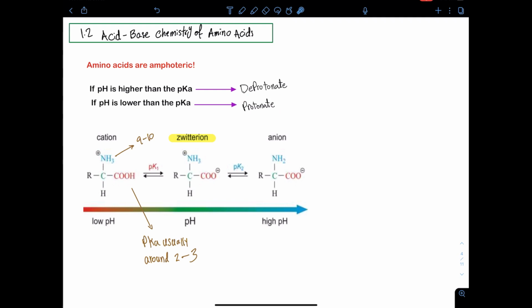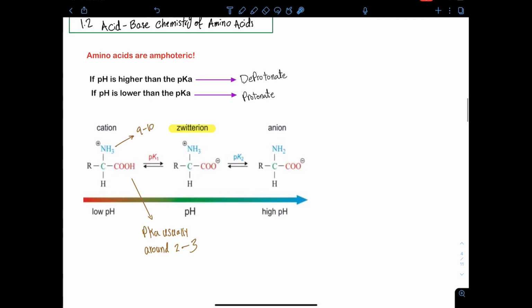The pKa of a carboxylic group is around 2 to 3, and the pKa of the amino group is around 9 to 10. So we have an example here. At a very low pH, let's say a pH of 1, the amino group and the carboxylic group are both protonated.